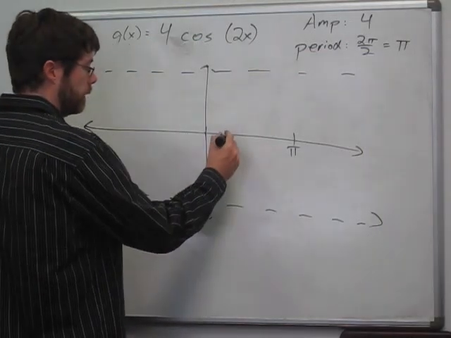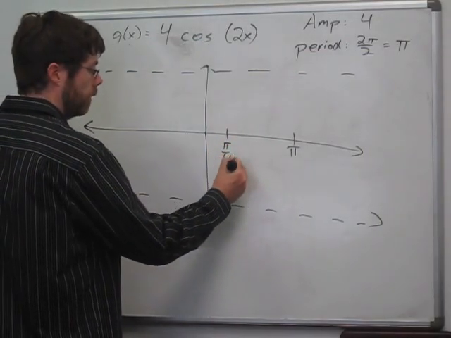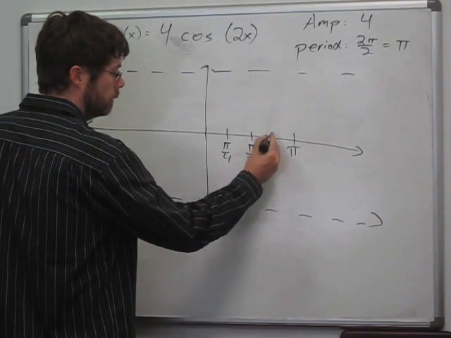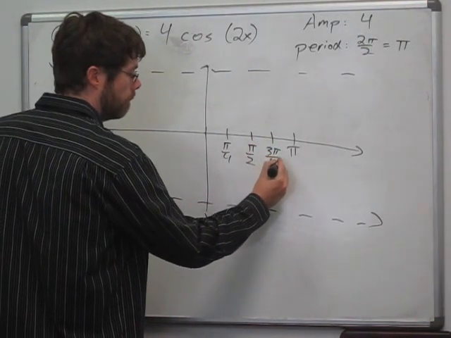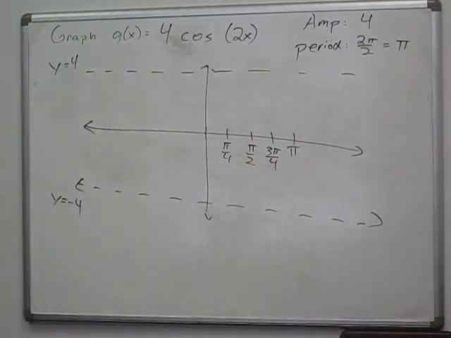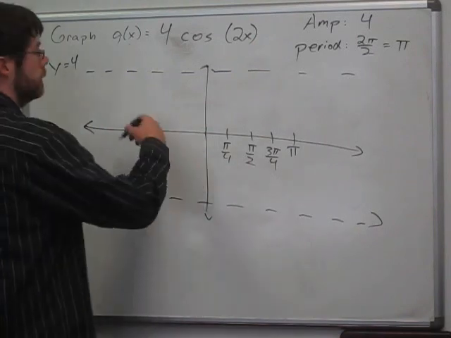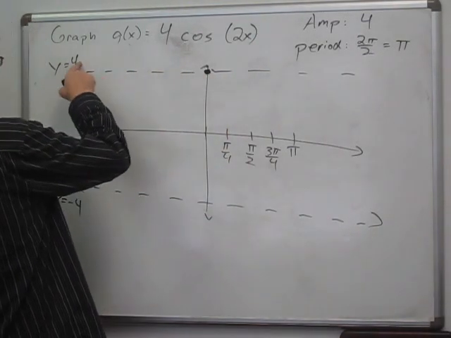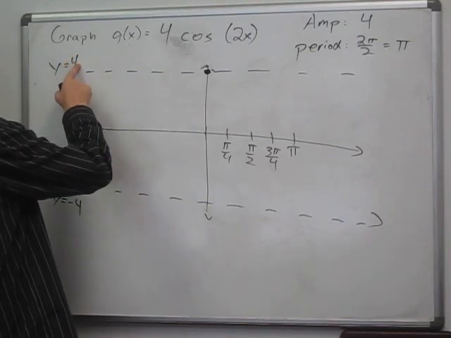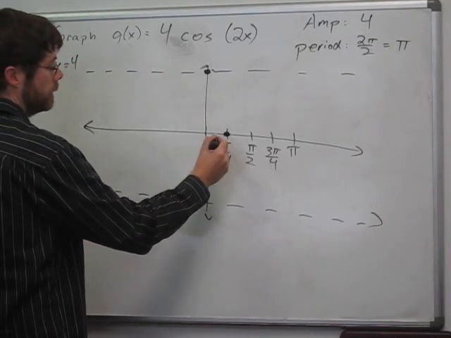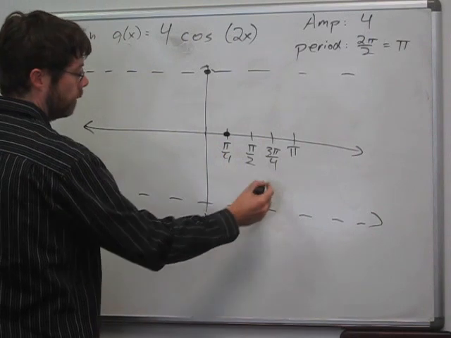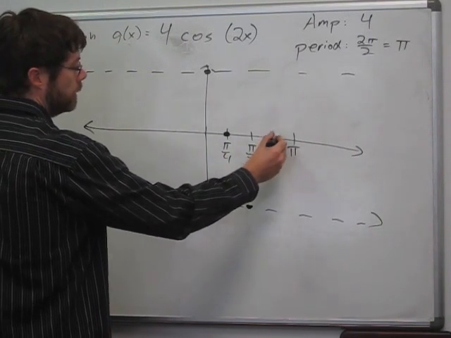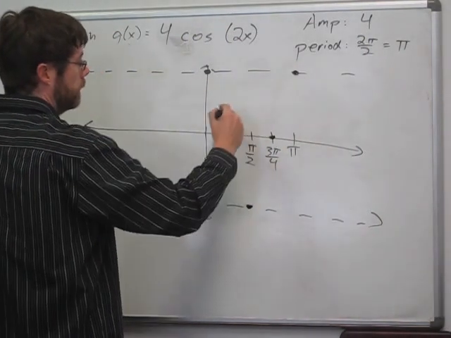Take this period, chop it into fourths: pi over 4, pi over 2, 3 pi over 4. This is the cosine curve, so the cycle starts up at 4. Down to 0, down to -4, back to 0, up to 4.